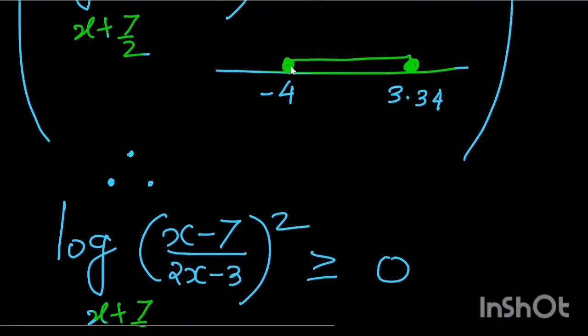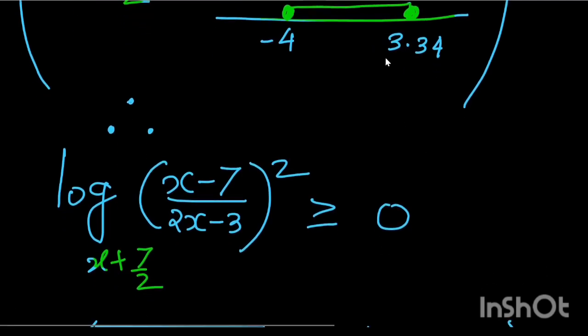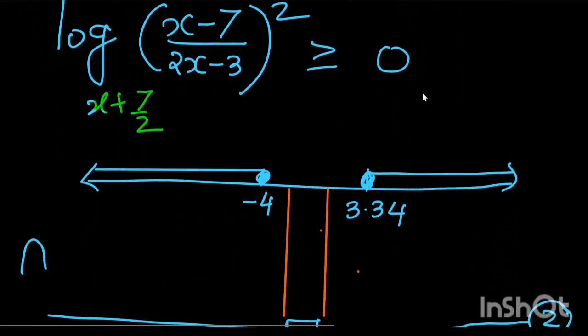But minus 4 to 3.34 would be the common solution. So from case 2, on the number line, it would be like this, guys: from minus infinity to minus 4 and 3.34 to infinity.